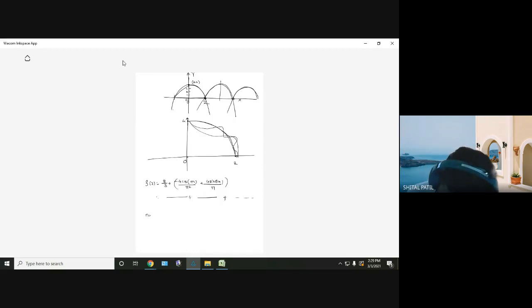If I take n equal to 10, the graph may be like this. If I take n equal to 100, the graph may be like this.